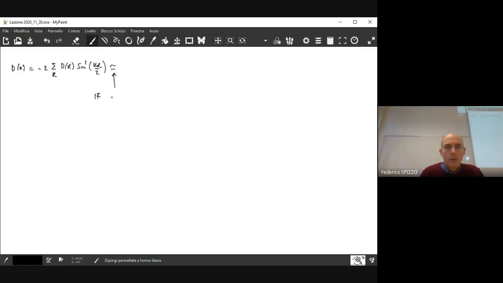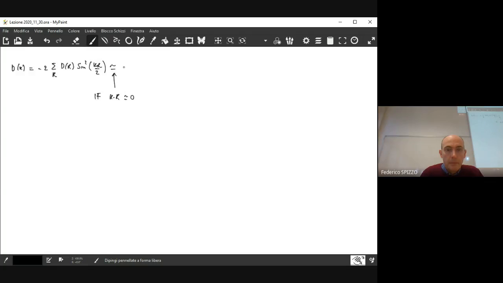If this scalar product, so if k times r is small, we may perform an expansion of the sine square, or of the sine, with respect to 0.